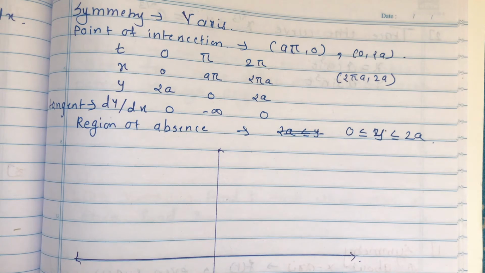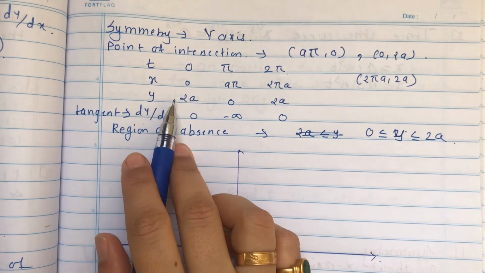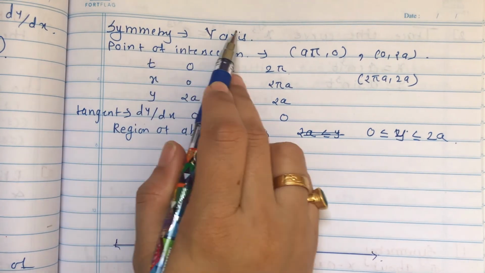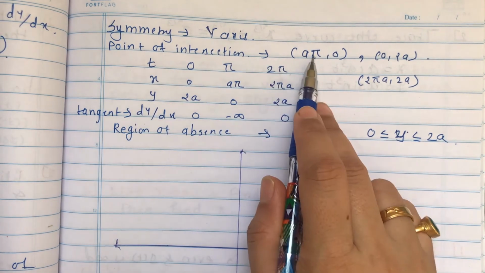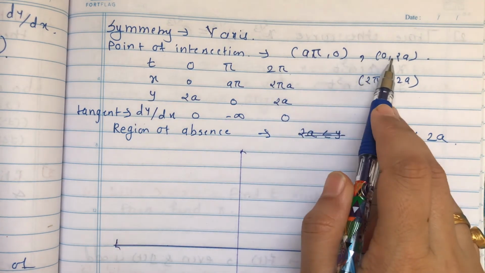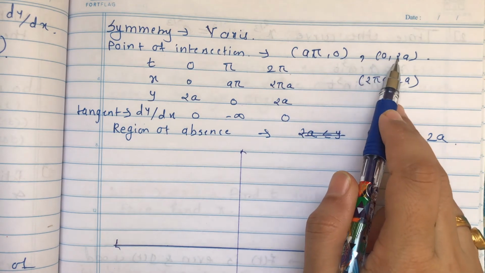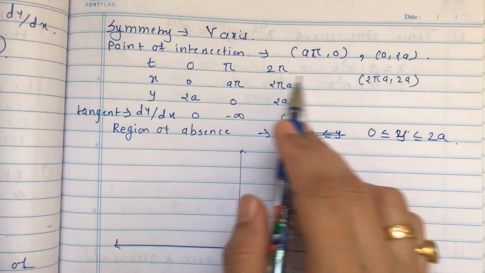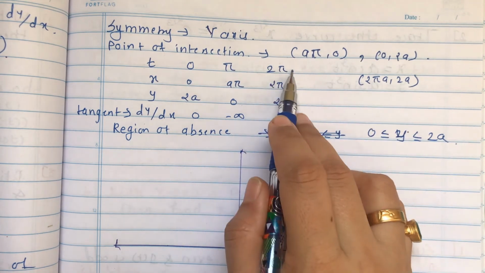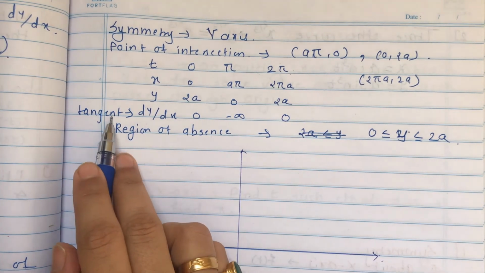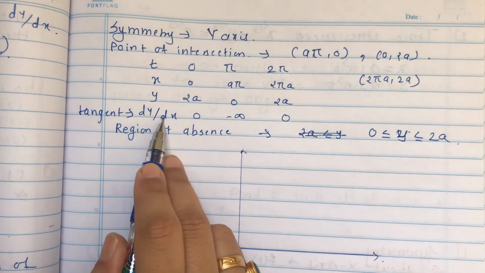Now to trace the curve, make this short summary. Symmetry: the curve is symmetric about the y-axis. The point of intersection with the x-axis is a pi comma 0, with the y-axis is 0 comma 2a. From this table we get another point, 2 pi a comma 2a, when t is equal to 2 pi. Then the nature of tangent, that is dy by dx.